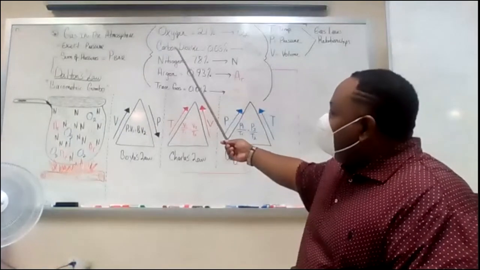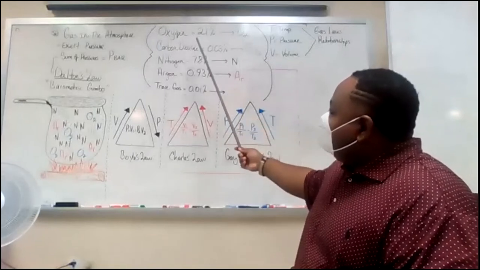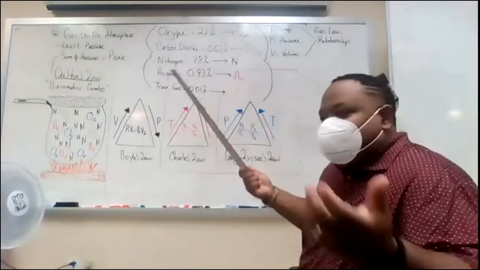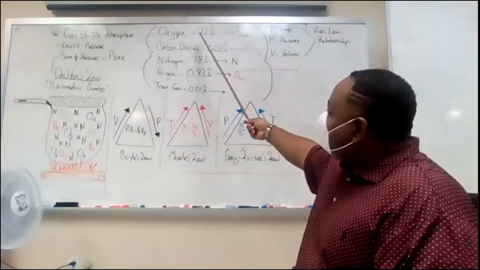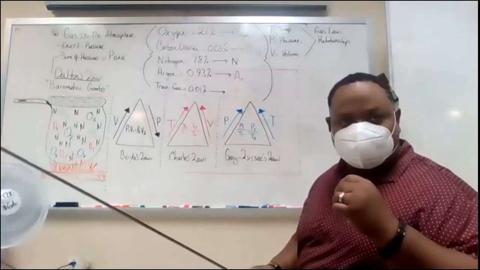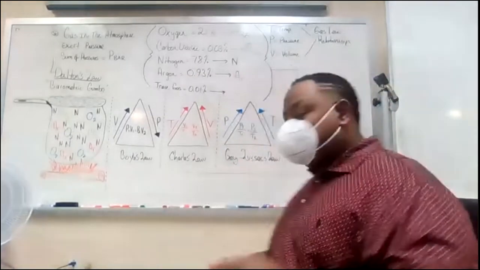Now, how then, Mr. McCarthy, does oxygen being 21% measure up to a pressure? It's not millimeters of mercury, that's a percentage. So how do I change the percentage into a pressure? Well, I'm glad you asked. It's simple.